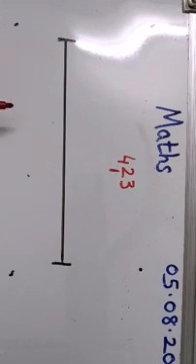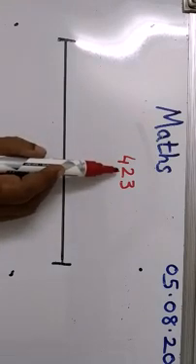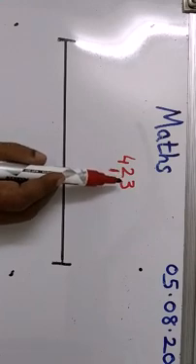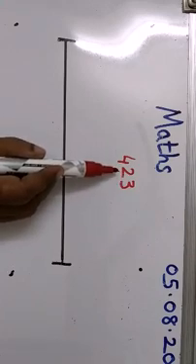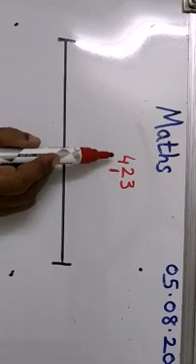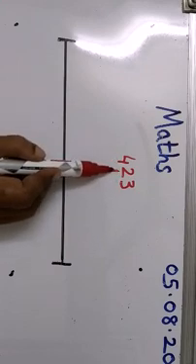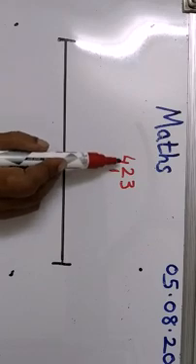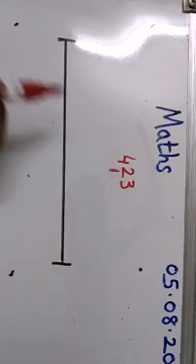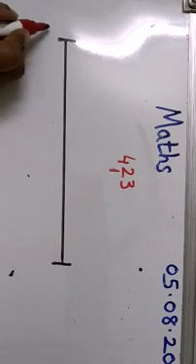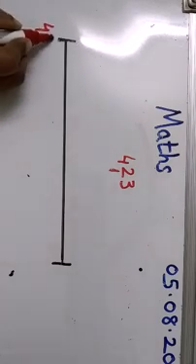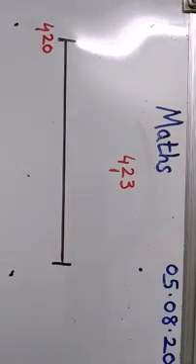So how do I read this number? 423, or I can say 42 tens, correct? So 42 tens means my lower end number will be 420.